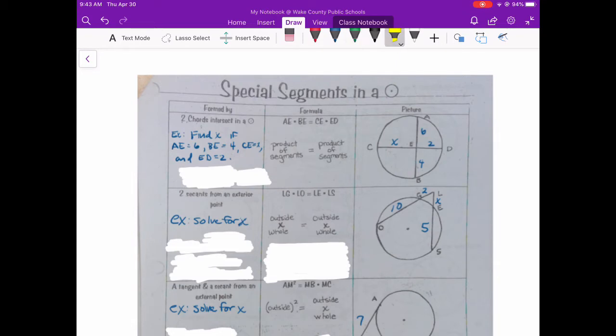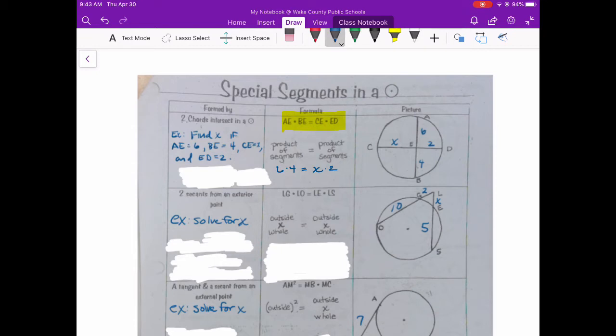The product of their parts is the same, which is very interesting. So that means you multiply the length of each portion of the chord, and that is going to be equal to the product of the portions of the other chord. So in this case, 6 times 4 is equal to x times 2. 6 went with 4 because they're on the same chord.